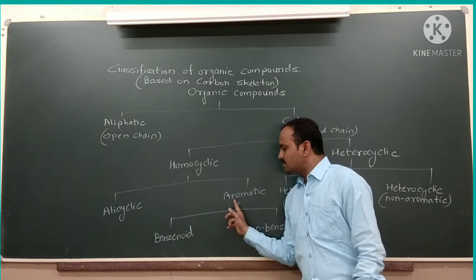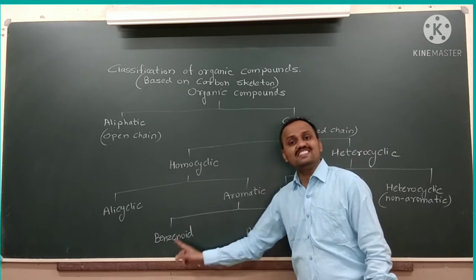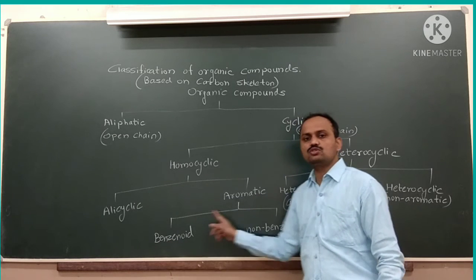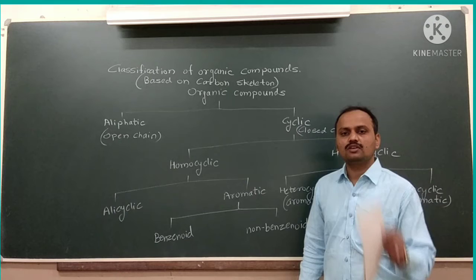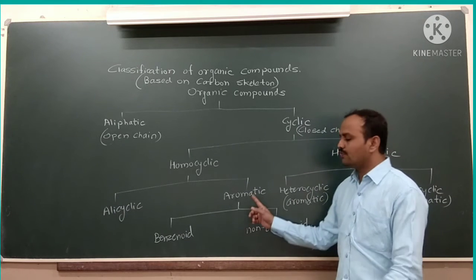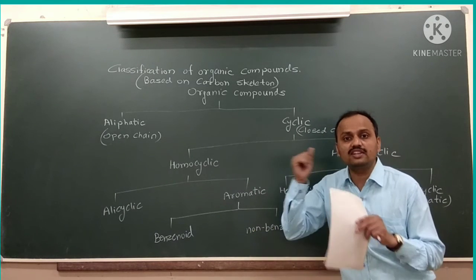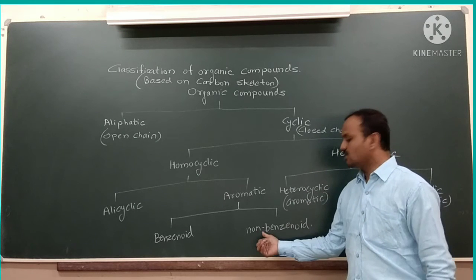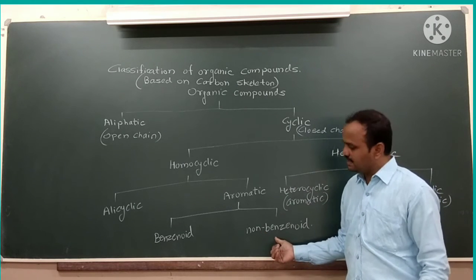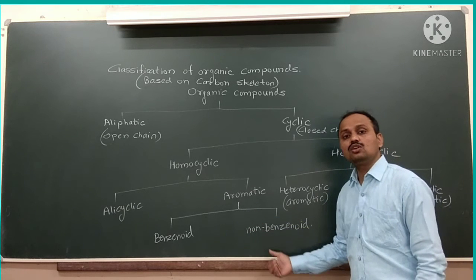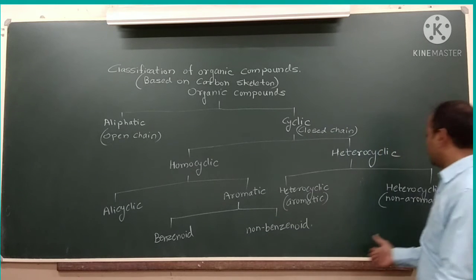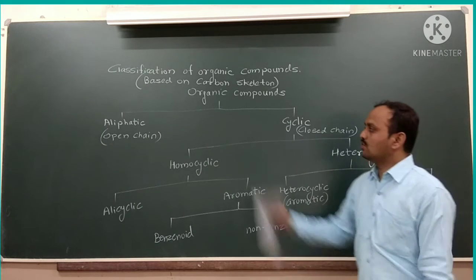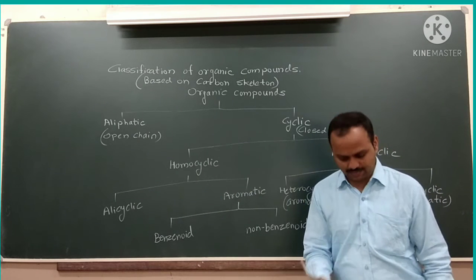If the structure of an aromatic compound resembles the benzene ring, such an aromatic compound is called benzenoid. If the structure does not resemble the benzene ring, such a compound is called non-benzenoid. They are aromatic but non-benzenoid. And we have examples of some of the types.